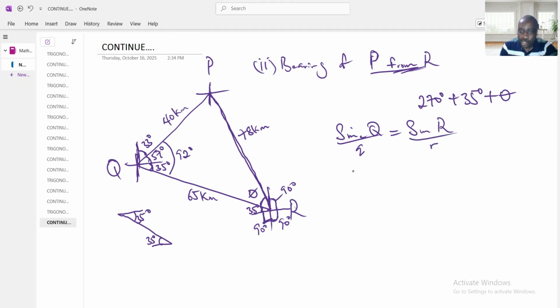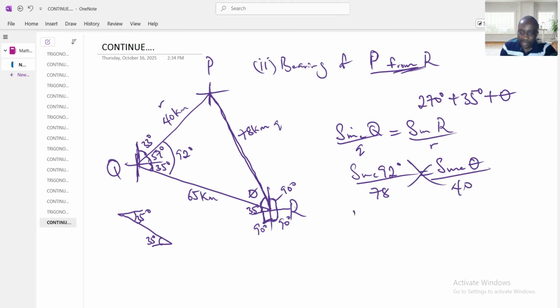What is sine Q? Sine Q is 92 degree divided by the small q, which is what we just got now, 78 kilometer, and sine R we don't know, so you write it the way it is. What is our small r? The opposite of that R is 40 kilometer.